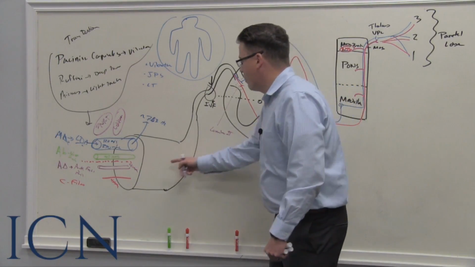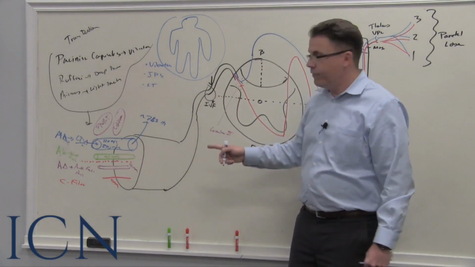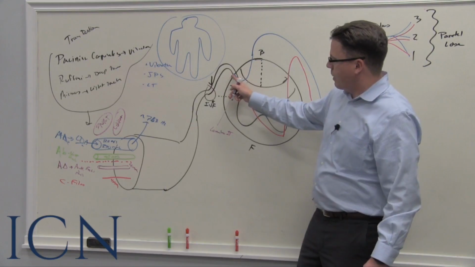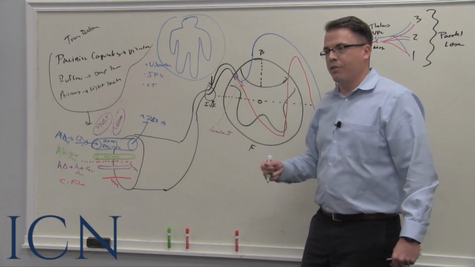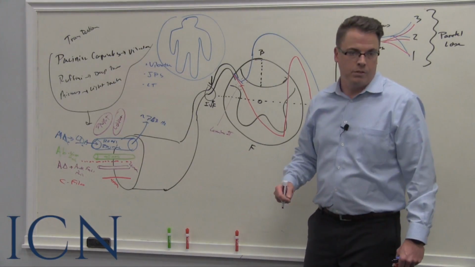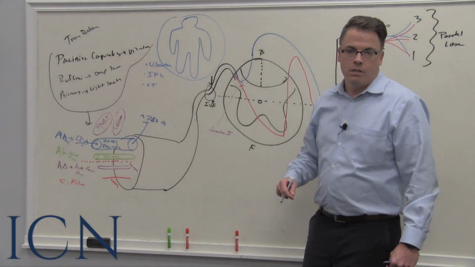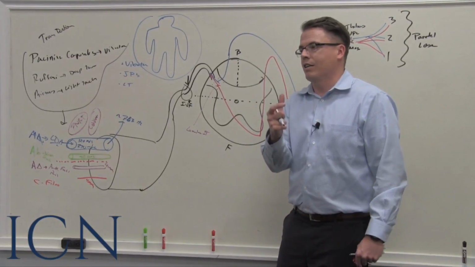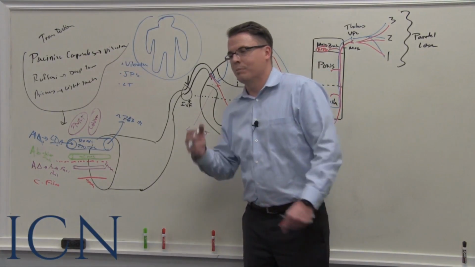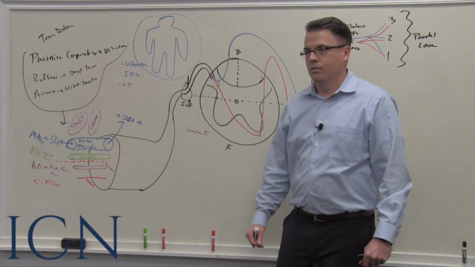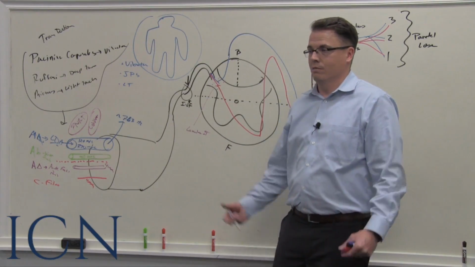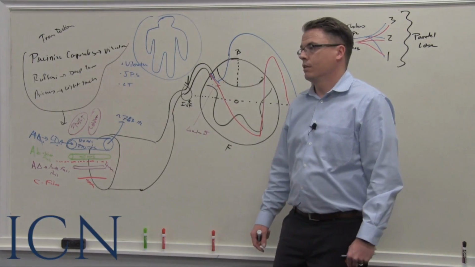If the problem's somewhere along the peripheral nerve itself, from the moment it leaves the spinal cord and comes down into the periphery, then you have to start looking at things like muscle entrapments. Is there a muscle crossing that nerve that's gone spastic, that's putting pressure on that nerve, causing it to hurt? Well, you release that muscle and the pain goes away.